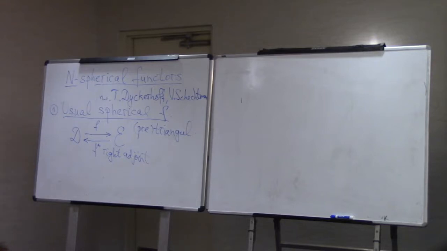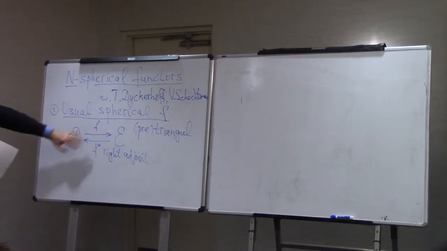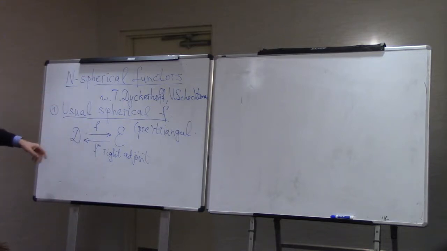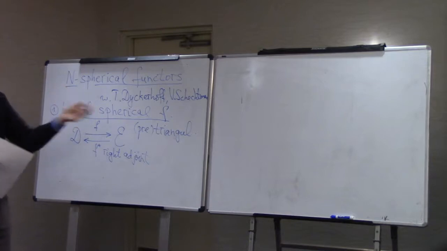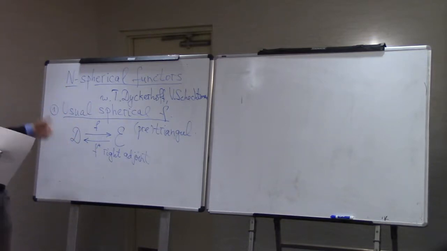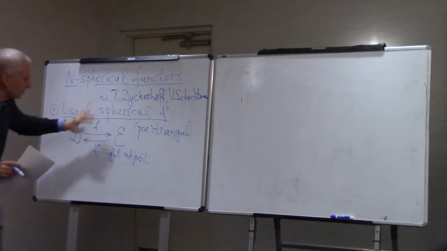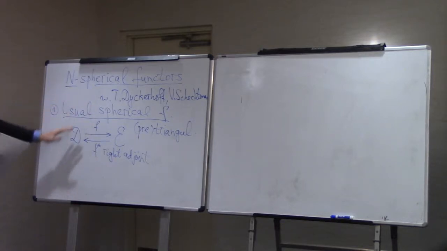As usual here, as well as later, there is a little subtlety as to what we understand by right adjoint. Do we understand that Hom from F of X to Y and Hom from X to F star of Y is an isomorphism or a quasi-isomorphism? Let me gloss over this a little. There are ways of making this more precise, but in the talk I will not dwell on this too much.